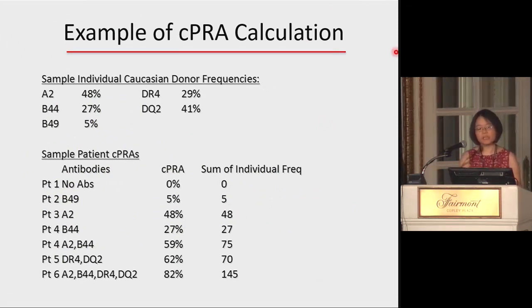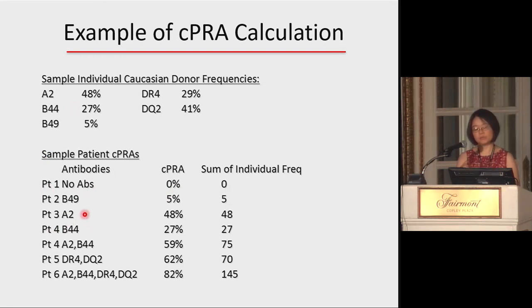Let's say we know what the allelic frequencies are of all the different antigens. And here it's just the Caucasian donor frequencies. As you can see here, A2 is very frequently found in the Caucasian population, 48% in fact. Then you take the recipient serum and test it through the single antigen bead assay. If your patient has no antibodies, then their CPRA level is 0%.